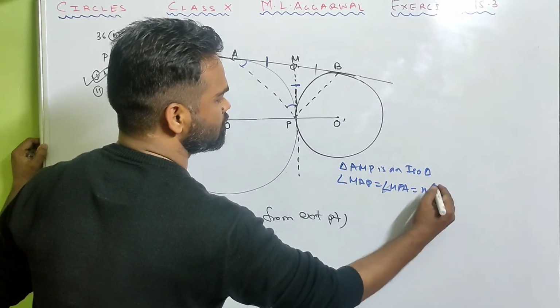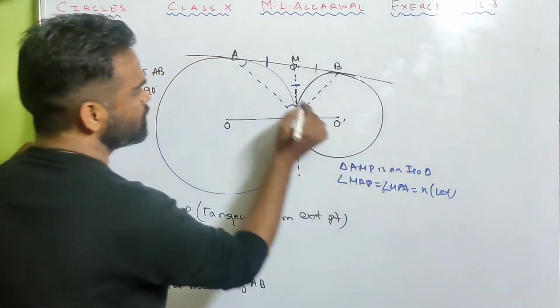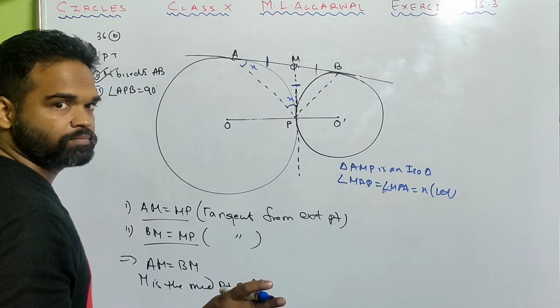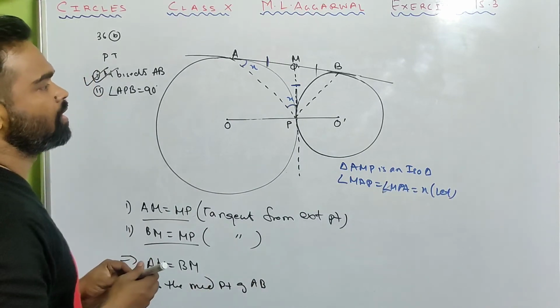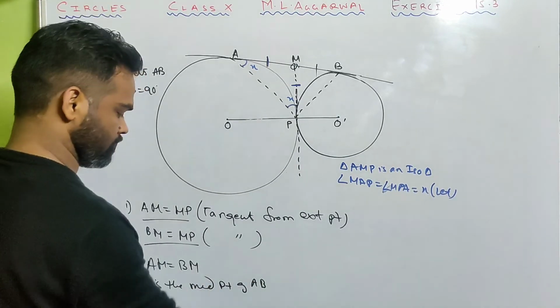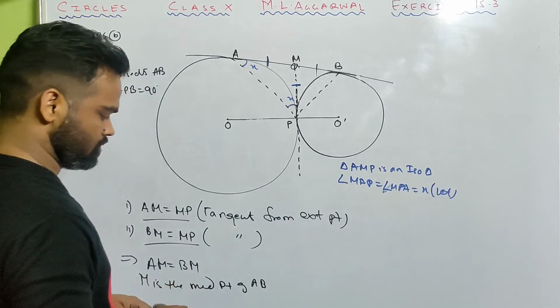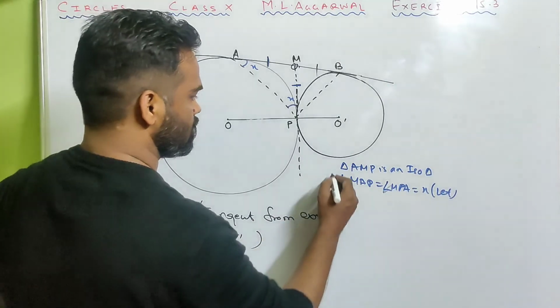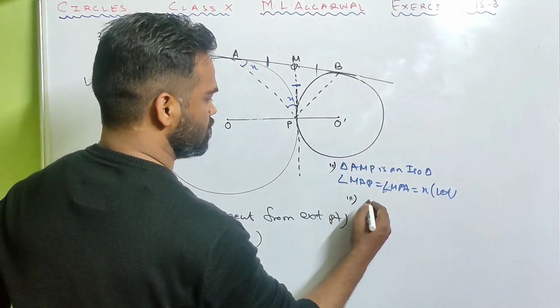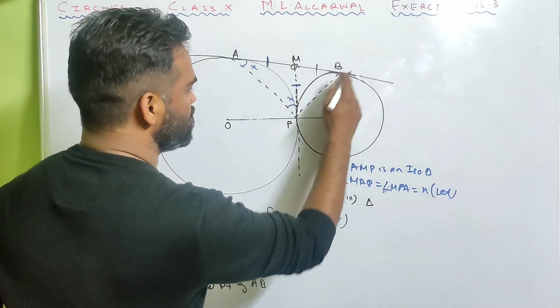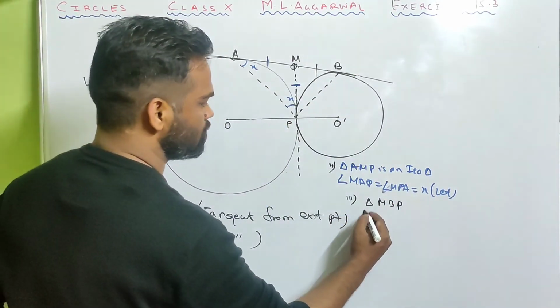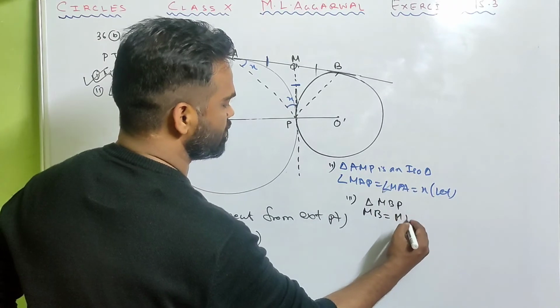Let it be X. So if this is X, this is X. Now look, in triangle MBP, again MB is equal to MP, we know.